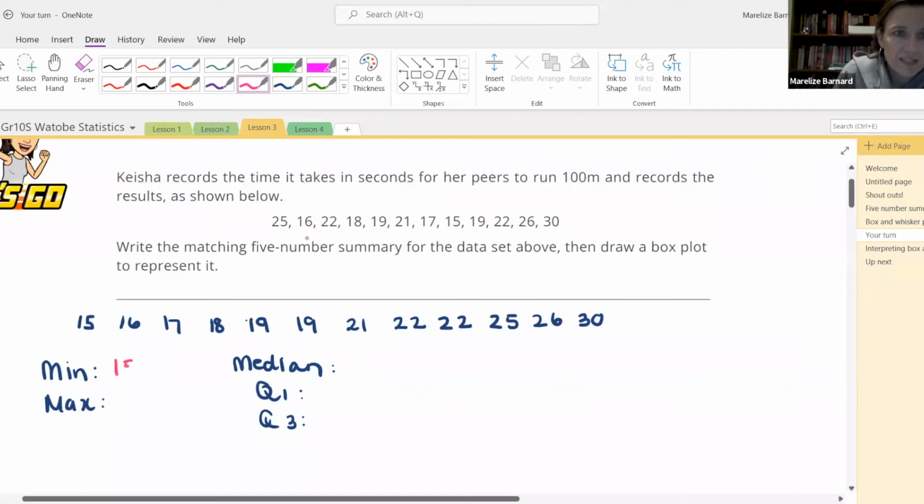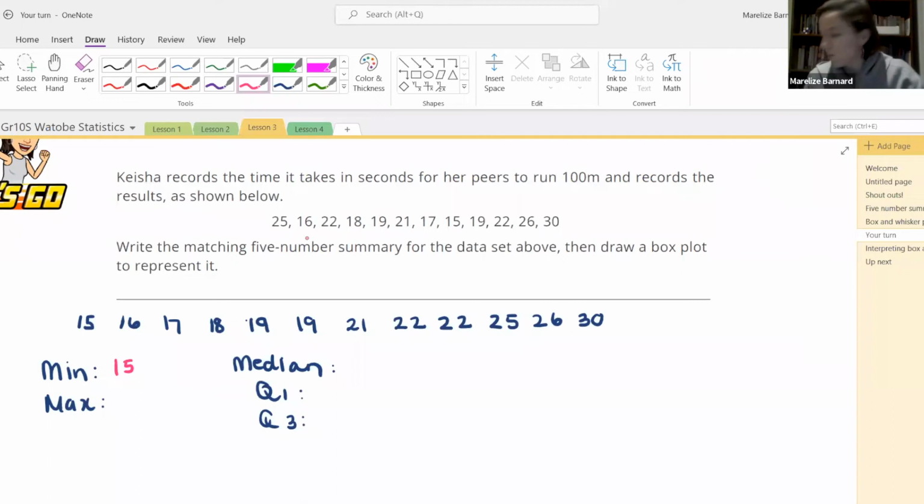Our min is 15. Yes. Yes, Anu, ask your question or type it in the chat. Remember, we now have an even number of data values. So starting off with the median, we are already going to have to take the median as these two values here and average them out.